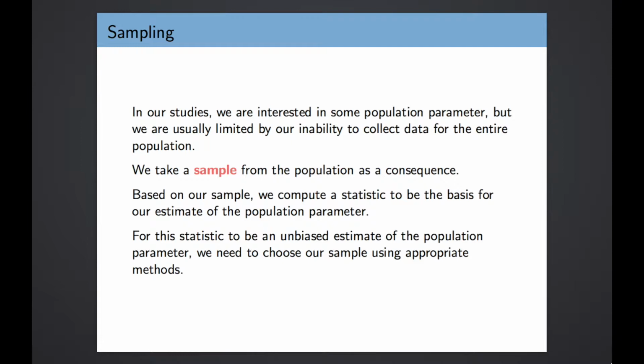But we are usually not in the position where we can collect data for the entire population that we're interested in. And so we take a sample from the population in lieu of taking a study that looks at the entire population. And then based on that sample, we are going to compute a statistic that's going to be our estimate for the population parameter that we're interested in.